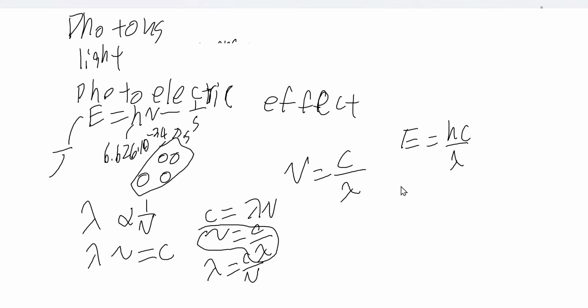You're going to have to convert those into meters. It's really confusing. Nano, in case you don't know, is 10 to the negative ninth. And this is the energy equation given a wavelength, because these two are constants.